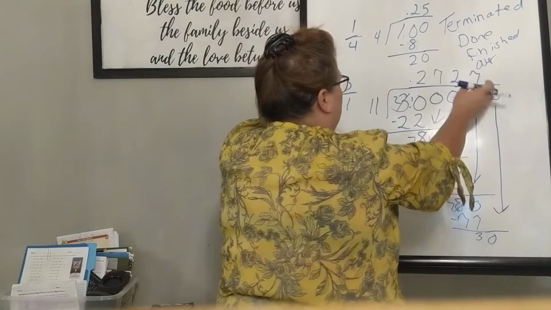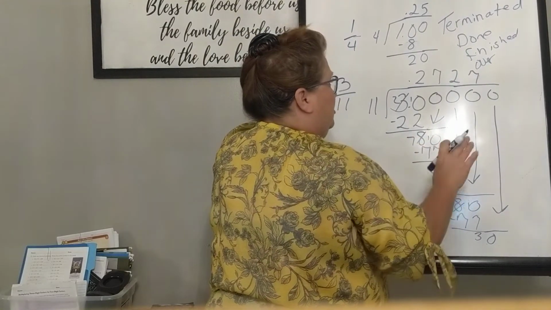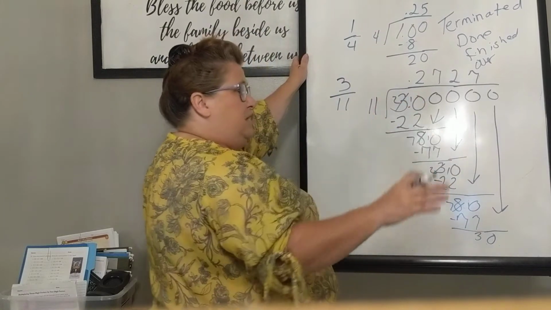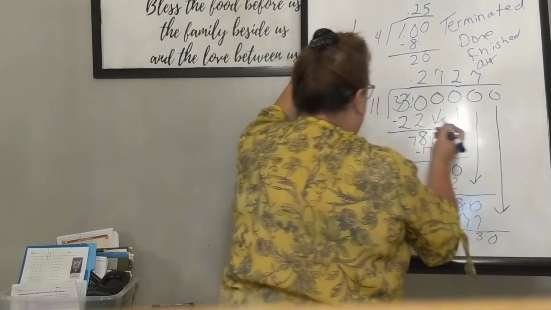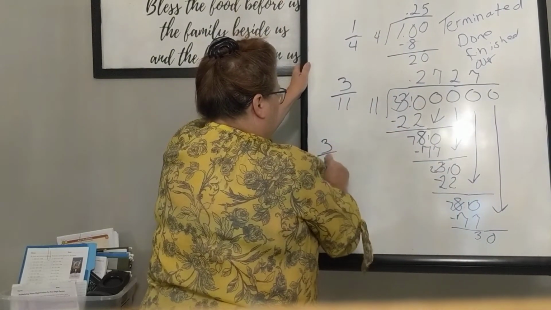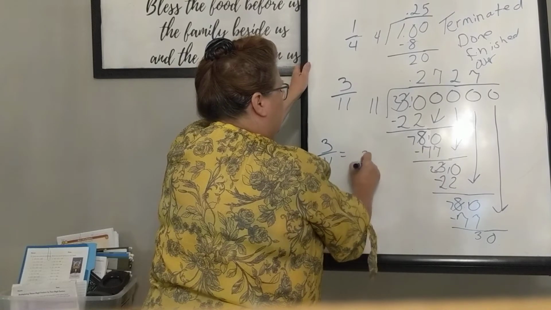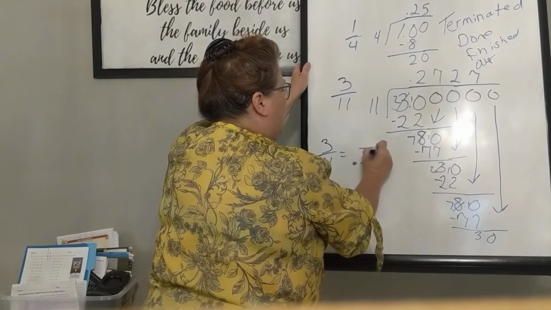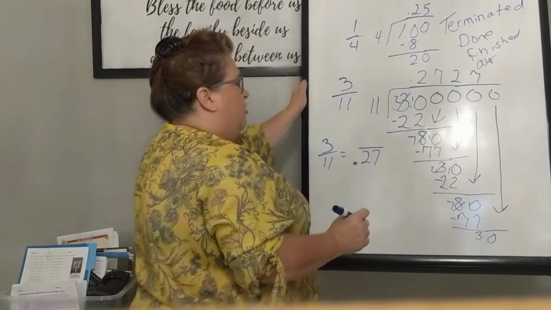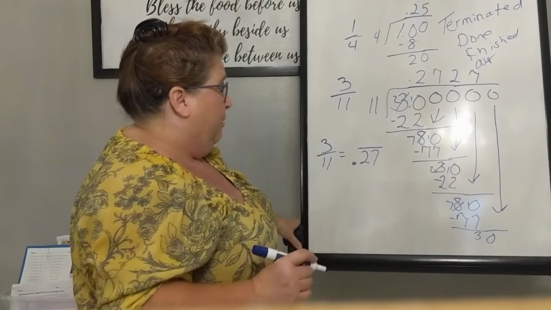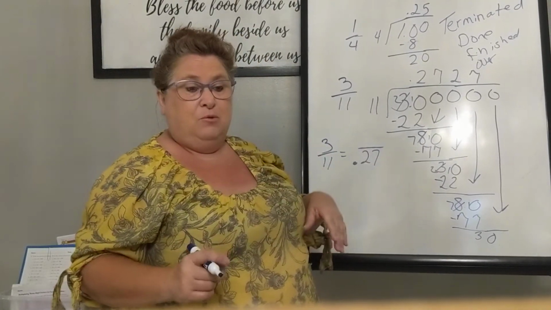It's going to be 0.27, 27, 27. So in this answer, 3/11ths equals 0.27. Both digits are repeating. So we put our line over both the digits because both of them are repeating in this decimal.